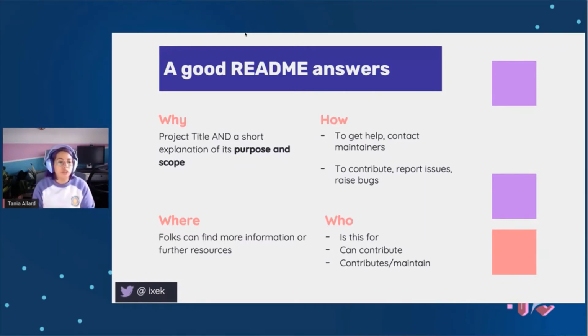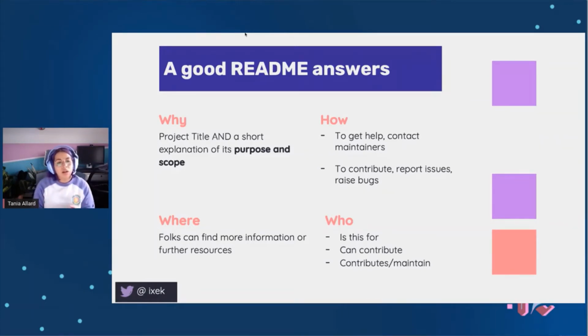And it also should provide context on who this project is for, who are the intended users or product consumers, who can contribute, who contributes, and who currently maintains the project. Nowadays, there are programs, for example, GitHub Sponsors, Tidelift, NumFOCUS as well, where you can sponsor projects or you can make a donation.